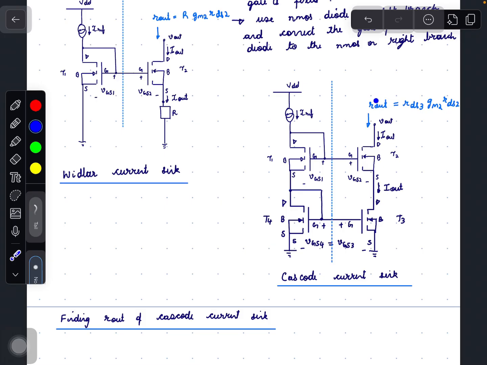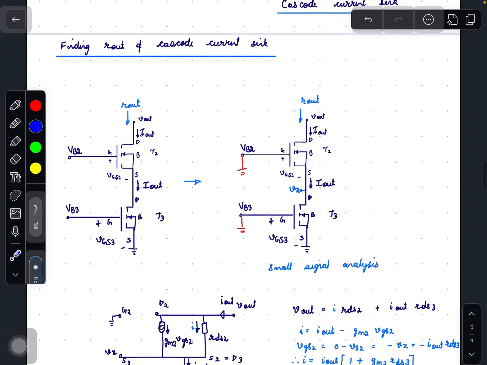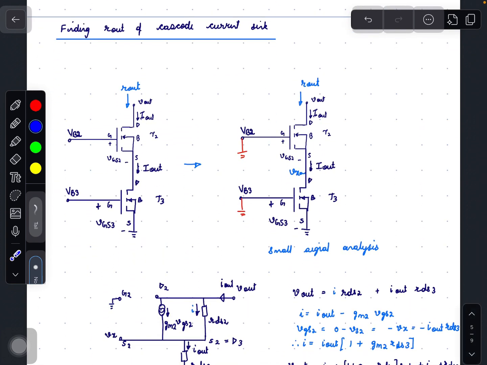The R_out of the cascode current sink is nothing but RDS3 times the gain of T2, that is gm2 RDS2. Let us derive R_out of a cascode current sink or source. Consider the right branch of the cascode current sink.